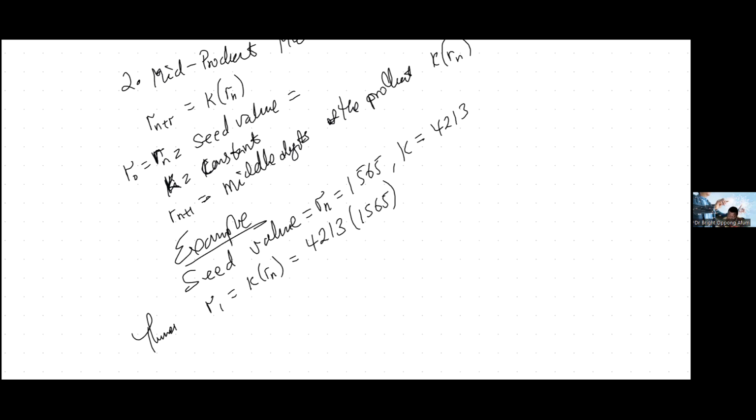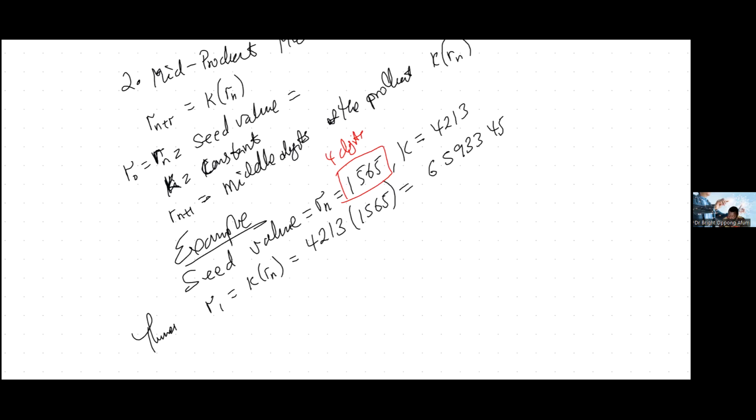4213 times 1565 is 6593345. If we take the middle, remember the seed value has 4 digits, so you have to ensure that your random number is also 4 digits, right?